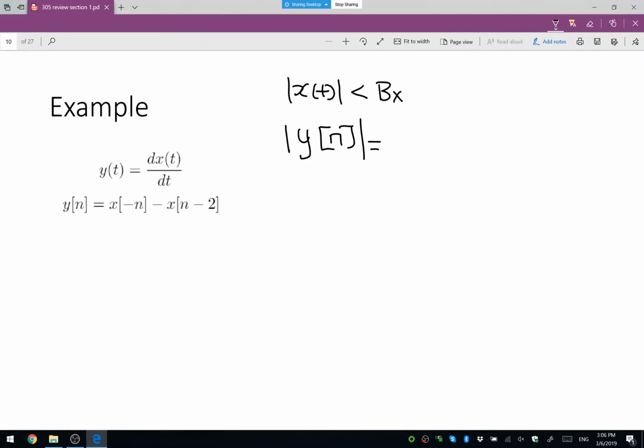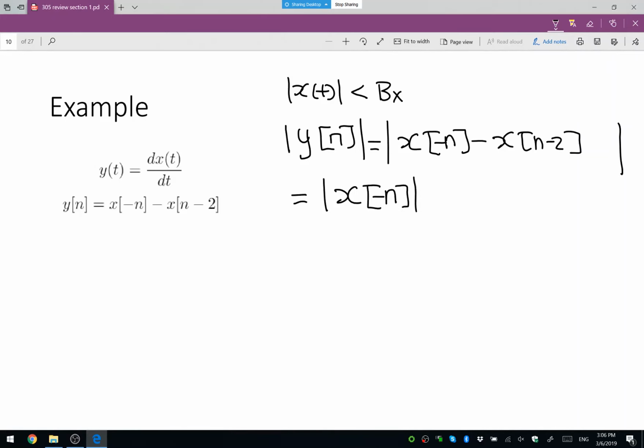So let's copy what's inside here. Everything is in the absolute value: |x[minus n] minus x[n minus 2]|. Even though there is a minus sign here, for the absolute value we still add them together.